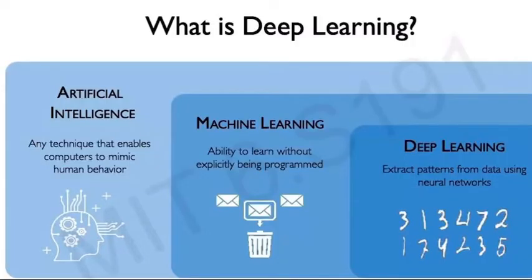Okay, so what is deep learning? I'm going to say deep learning is a subset of machine learning, and machine learning is a subset of artificial intelligence. The artificial intelligence technology is changing the way we interact and the way we analyze the world on a daily basis. Why do we need to analyze the world on a daily basis?